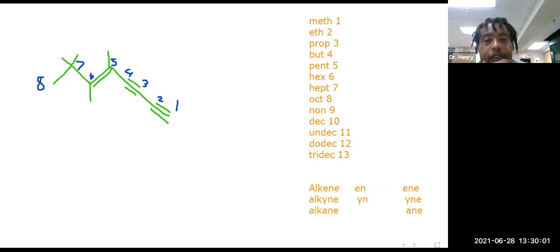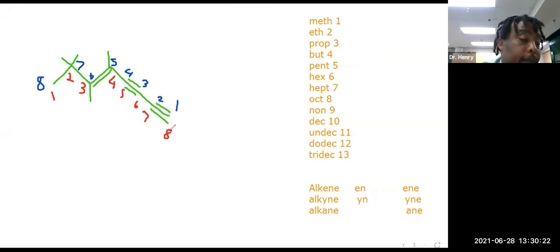If I started counting from the other side, the red numbers, 1, 2, 3, 4, 5, 6, 7, 8.